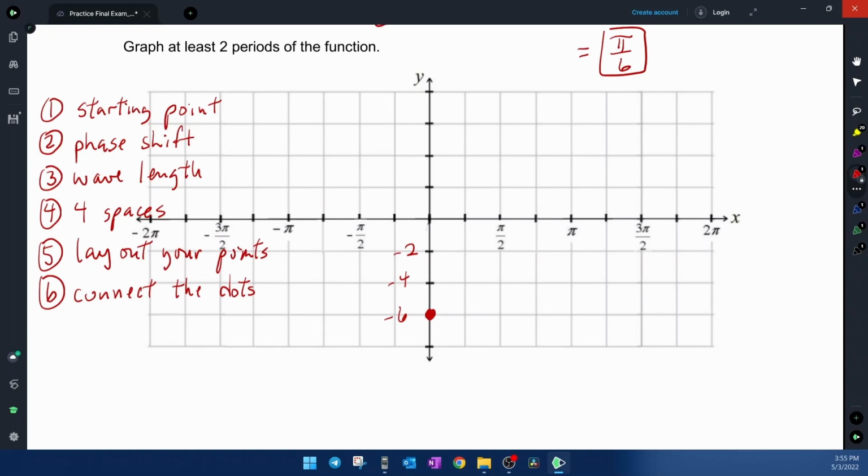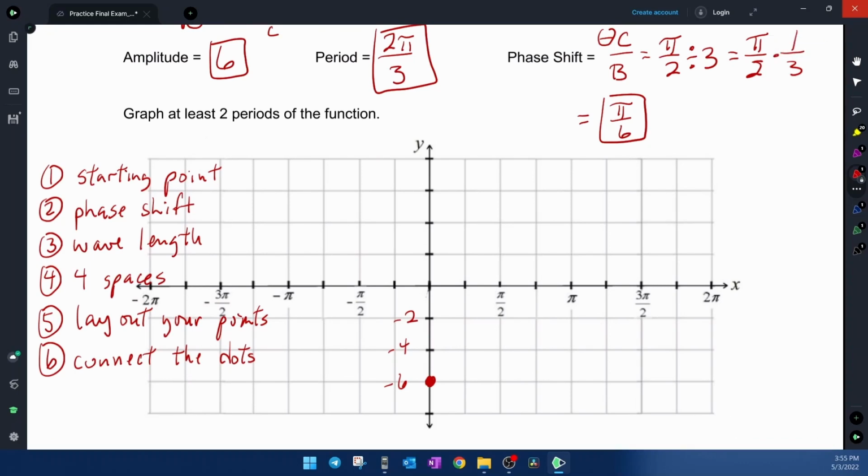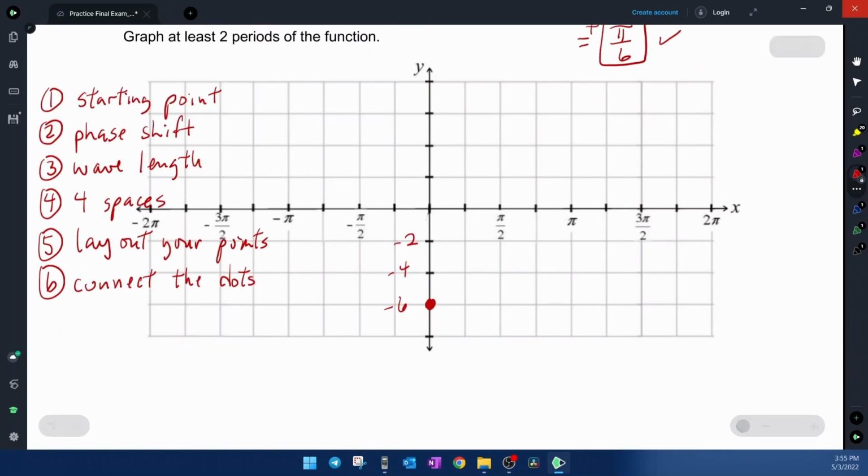Next, step number 2 is the phase shift. And if we go back up, remember our phase shift was positive pi over 6. And so that means that this starting point that I just plotted is going to have to shift to the right a distance of pi over 6. Now notice that my hash marks are already labeled, and the labels are not going to work very well for my particular phase shift.